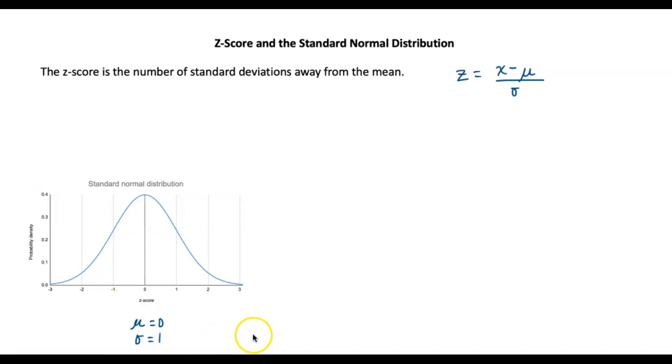And so what can we do with this? Well, on the y-axis, we have the probability density. And so what this allows us to do is that if we have a set of data that's normally distributed, then I can use these assumptions to convert any given value to a z-score.